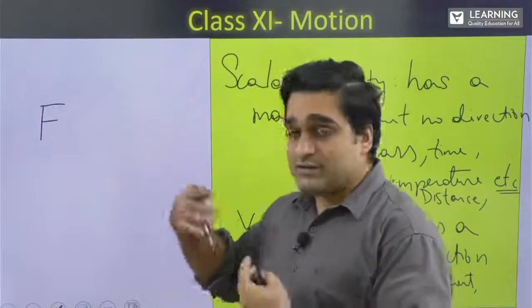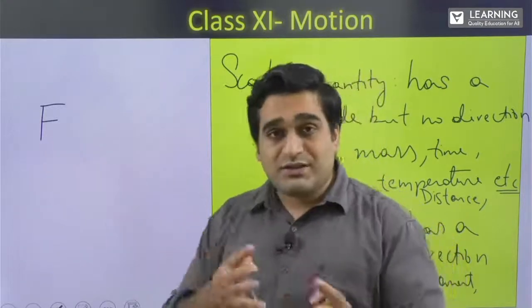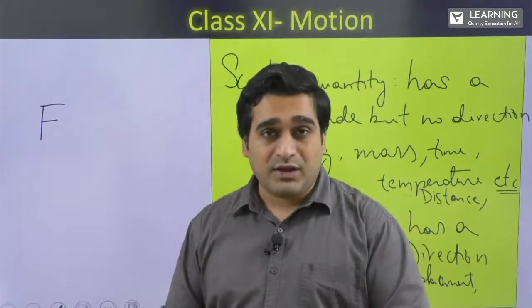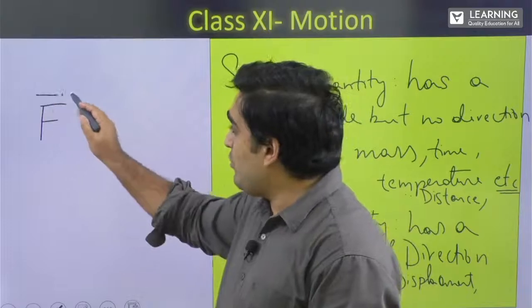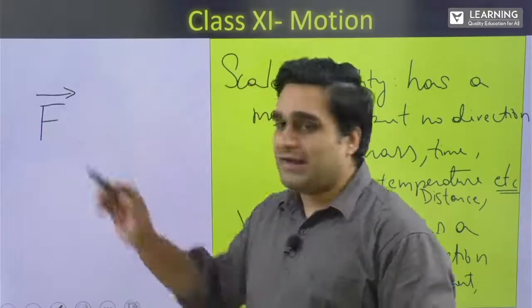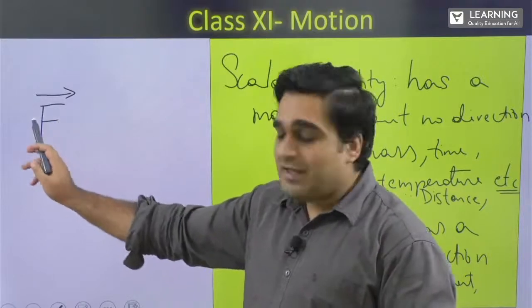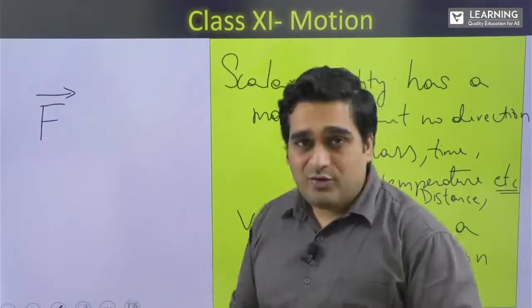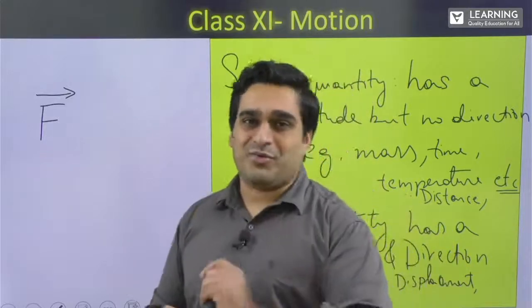Now that it is a different type of quantity called a vector, you have to show the difference between a scalar and a vector. So for a vector quantity, we usually denote it with an arrow overhead. You first write the letter and then you put an arrow overhead. This represents a vector quantity.